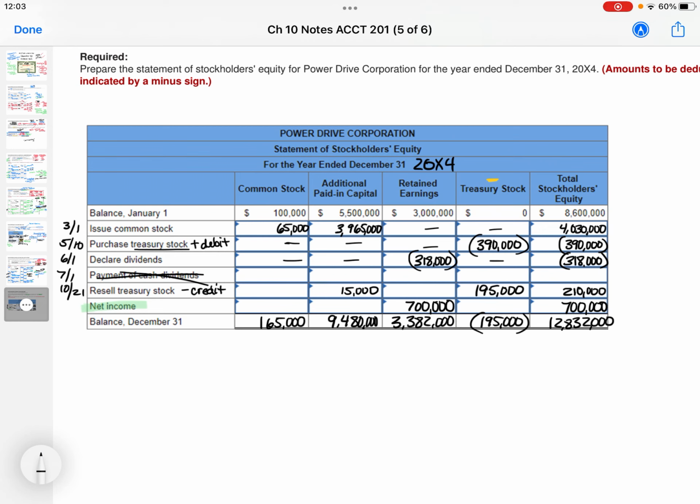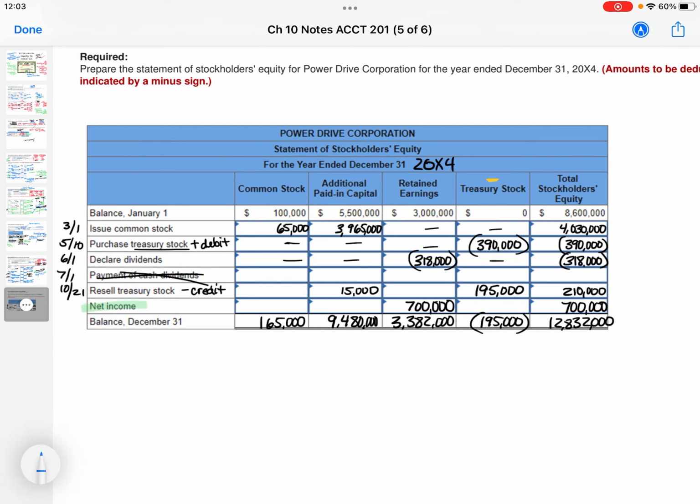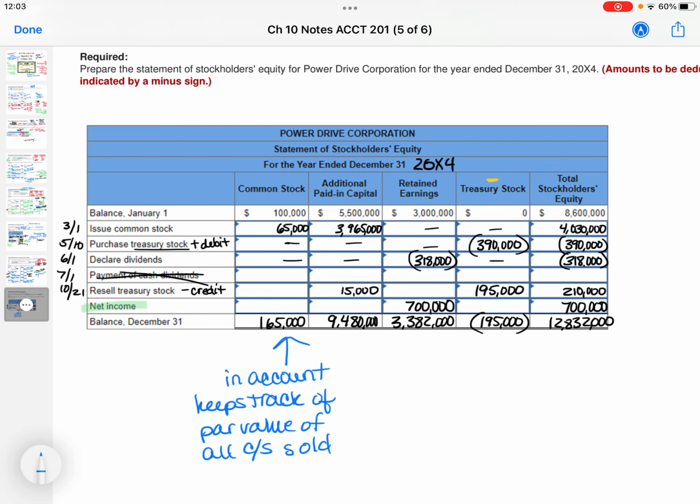Okay, now in this common stock, and I know I've mentioned this another time, so it's kind of a little bit redundant, but in this common stock T account, we do not subtract the value of treasury stock. This account keeps track of par value of all common stock that has been sold.